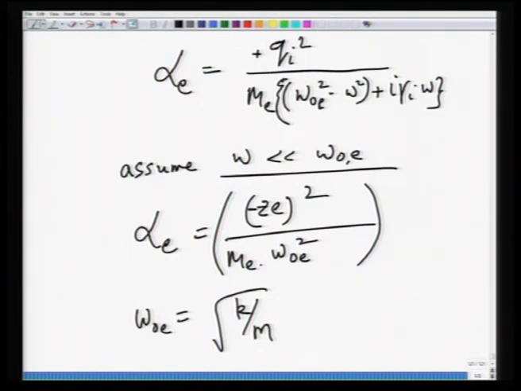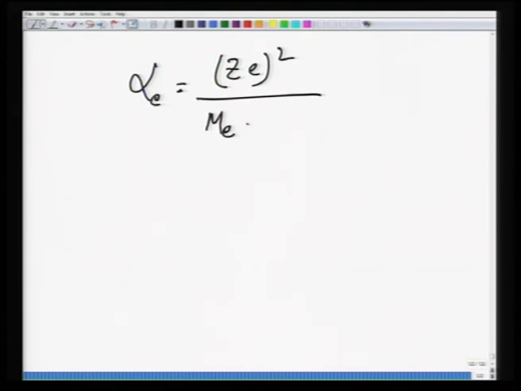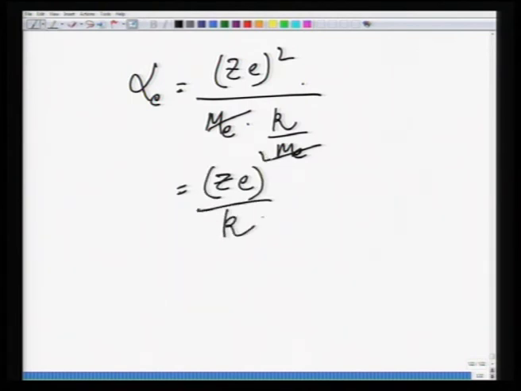Using this expression, we get alpha E equal to ZE square divided by ME into K by M, so this is ZE square divided by K.